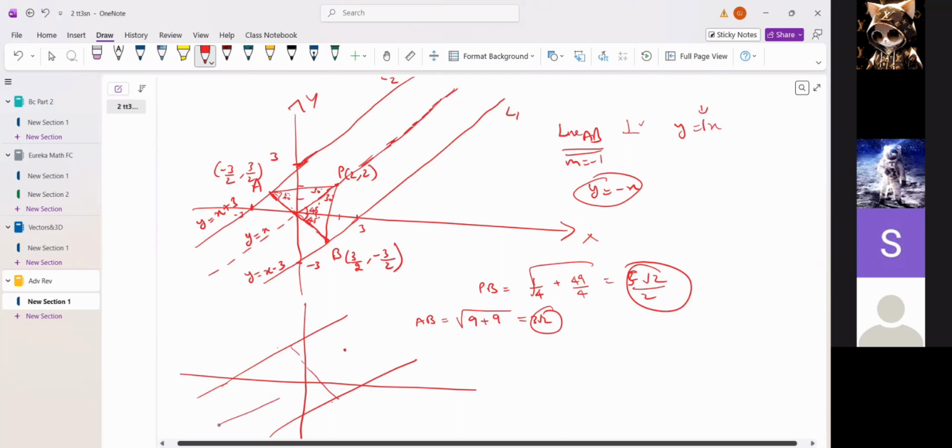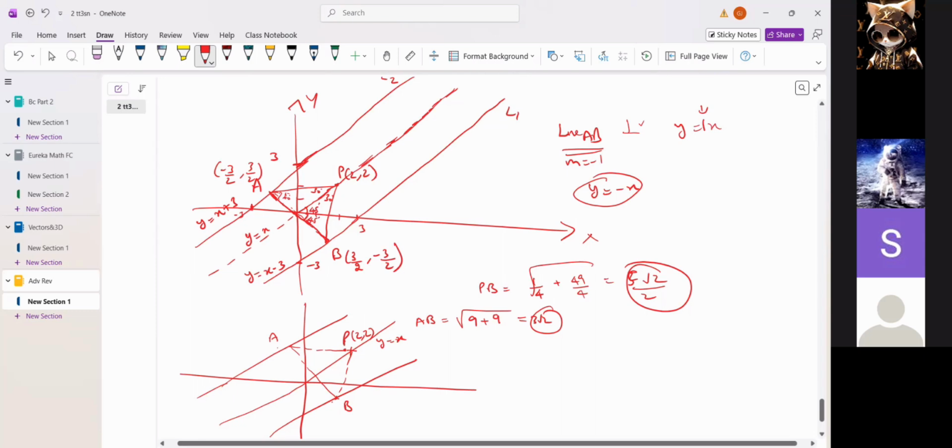But one thing is clear that this AB line is going to be perpendicular to this y equal to x line, right? Or else you can even bring this thought: PA equal to PB equal to AB, which is equilateral.